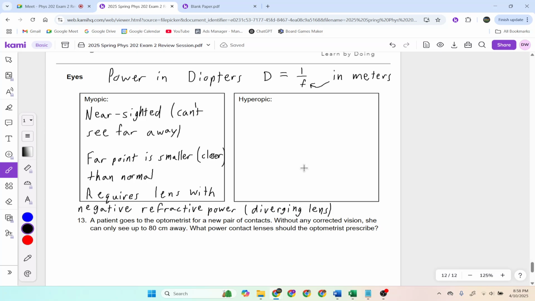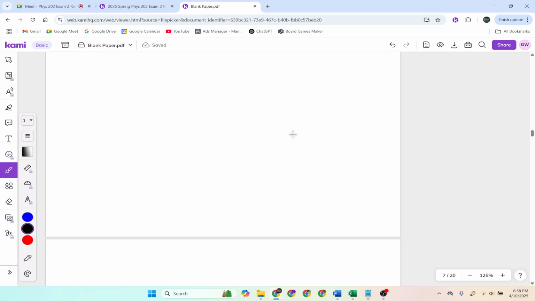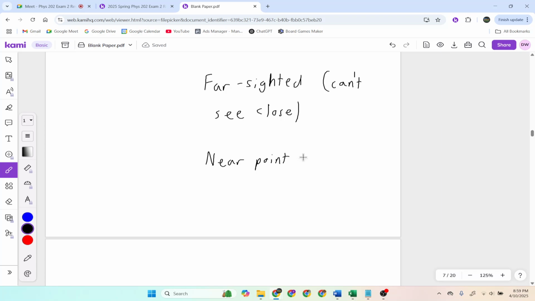Now we have hyperopic people, which I don't have enough room. These people are going to be far-sighted. Again, I know this is obvious. I'm sorry. These people cannot see close. We say that their near point is larger, aka farther than normal.